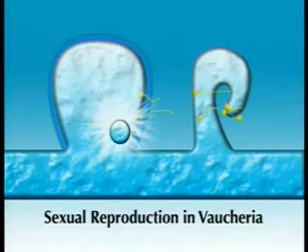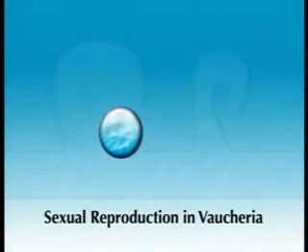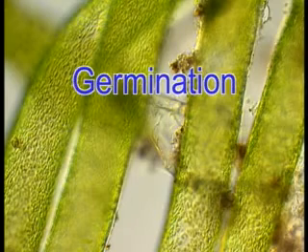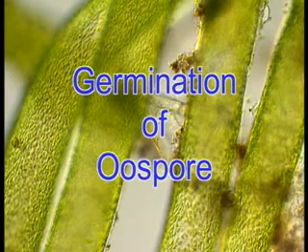The zygote becomes an oospore after secreting several thick layers of wall around itself. When the original wall decays, the oospore gets liberated. It then undergoes a period of rest. The resting zygote contains a number of reddish or brownish bodies. Now the germination of oospore.